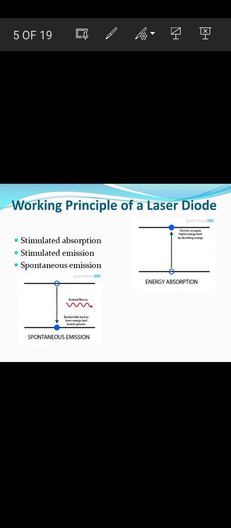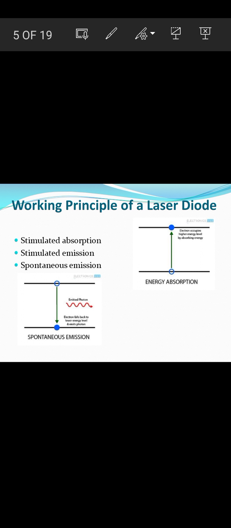This emission process can occur in two ways: spontaneous emission, in which the atom in the higher energy state drops to the lower energy state in an entirely random manner, and stimulated emission, when a photon having energy equal to the energy difference between the two states, E2 and E1, interacts with the atom in the upper energy state and causes it to drop to the lower energy state.